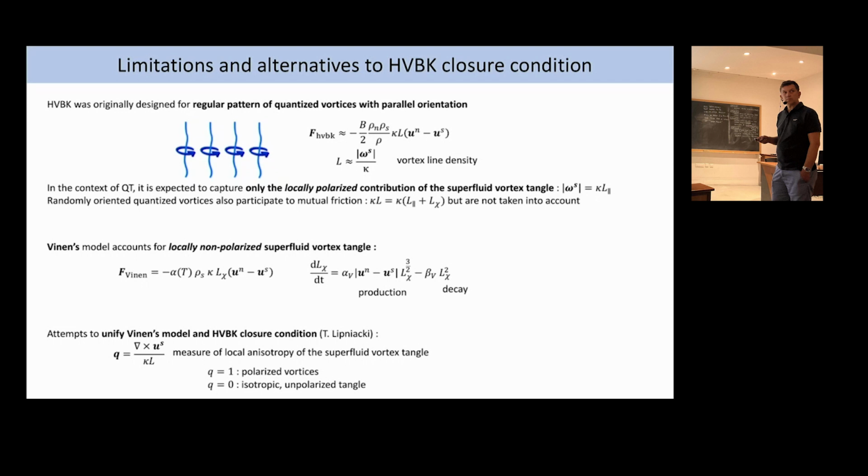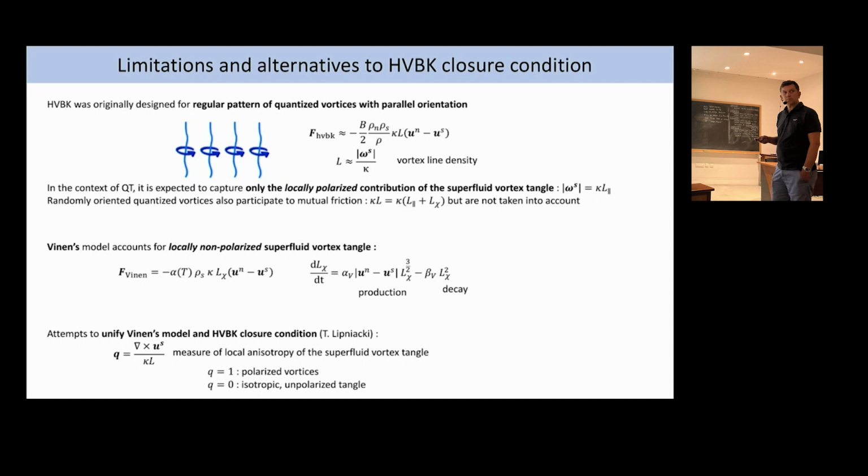And so here, instead of having the vortex line density of the polarized vortices, you have the vortex line density of the unparallelized vortices. And Vinen proposed an additional evolution equation for this density, which is essentially the balance between a production term and a decay term.